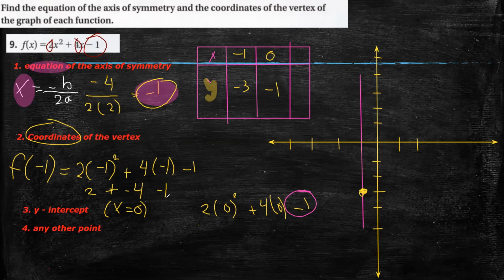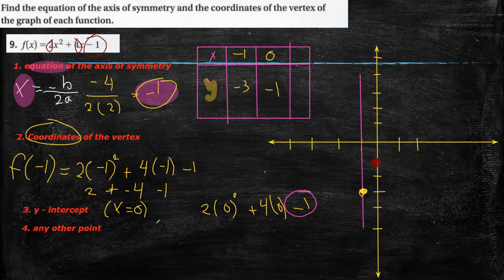I found 2 points. This is the second point: 0, negative 1.